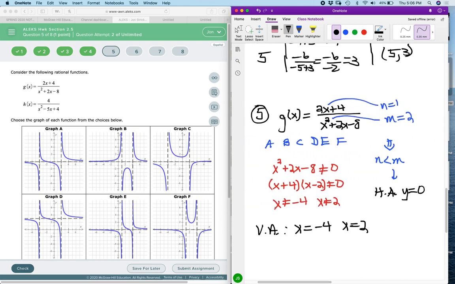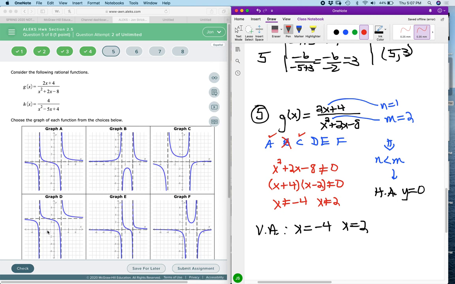Now, looking at the graphs, we have the vertical asymptotes x = -4 and x = 2, and the horizontal asymptote y = 0. So A is still in the running. B is out of the picture. C is still in the running.